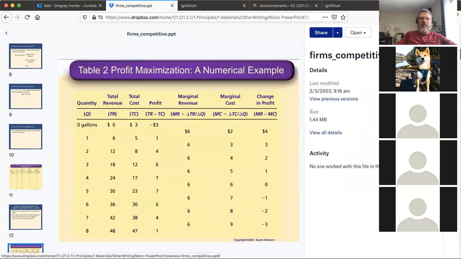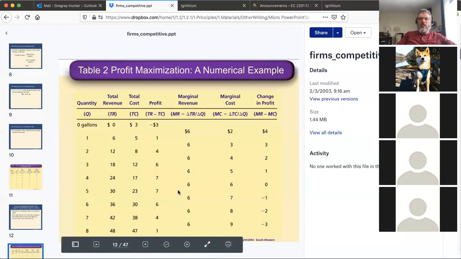So hopefully this kind of table looks familiar, and we have the total revenue and the total cost and the marginal revenue and the marginal cost. Remember, our main rule, the one that we talked about last time, is that we want to look for when marginal revenue is equal to marginal cost, and that's going to show the profit maximizing level of output.